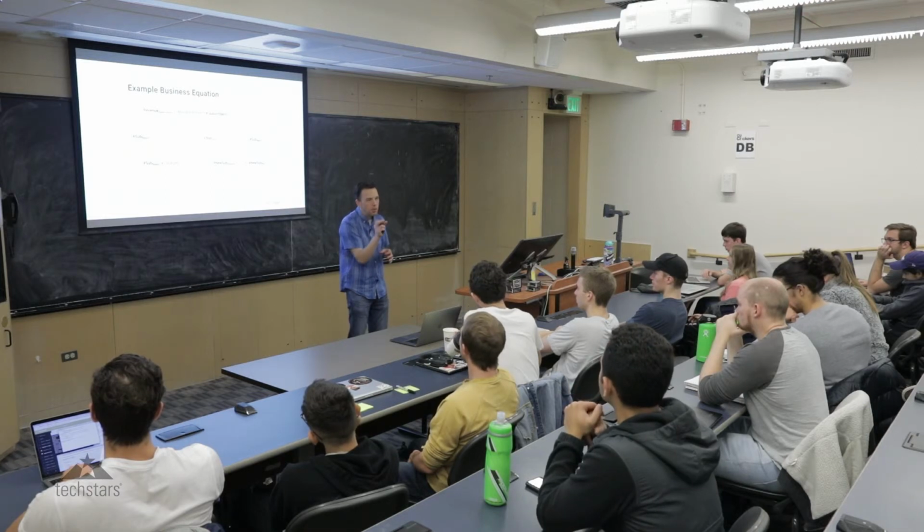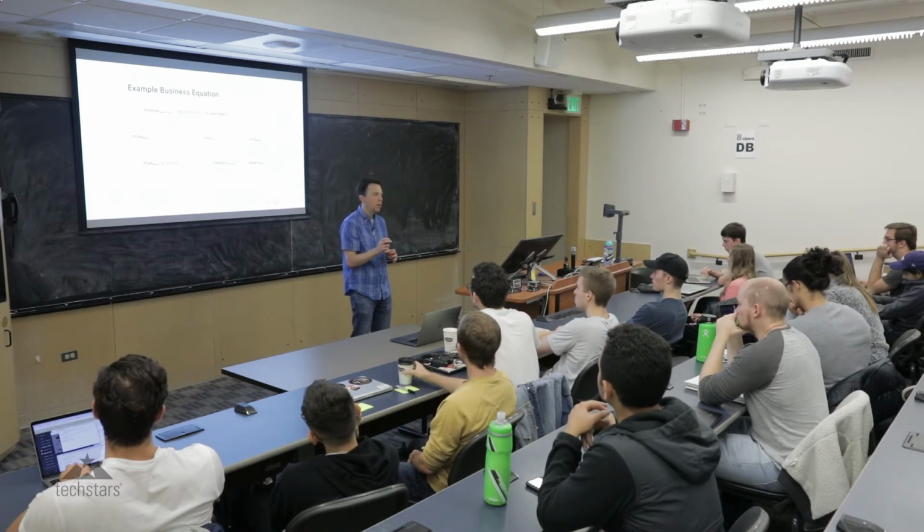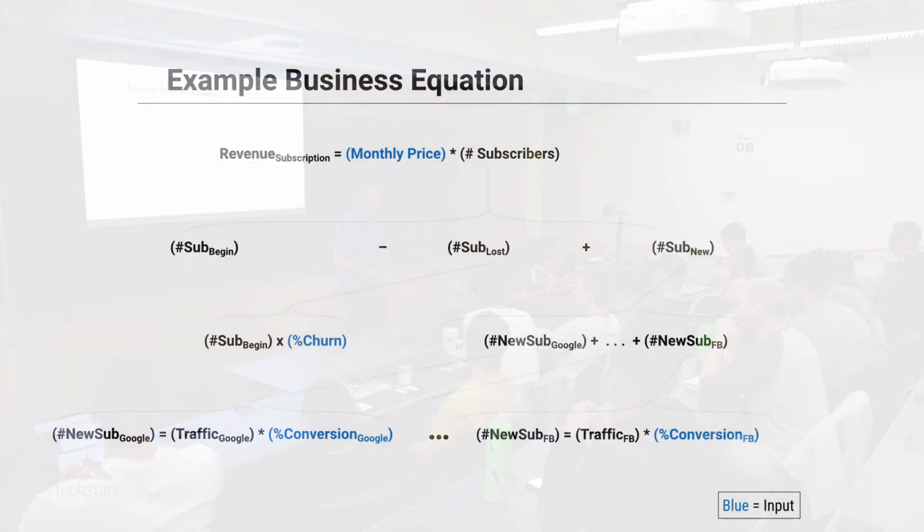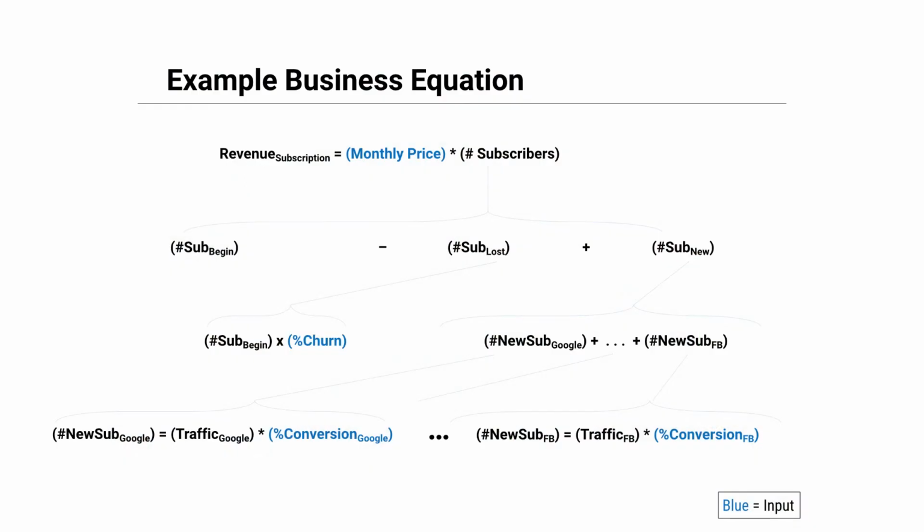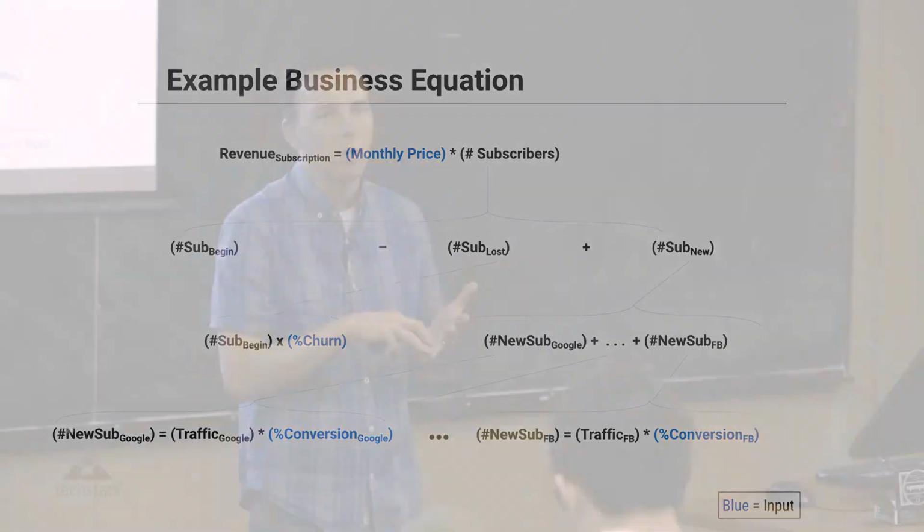So this helps you now decompose down like, oh, well, how exactly are we gonna get customers in the door? And then finally, as you think about getting new customers into the door, you start to think about, okay, well, if we're gonna get this number of subscribers from the Google channel, how much traffic do we need to create on the Google channel, and what's the % likelihood that those are gonna convert?